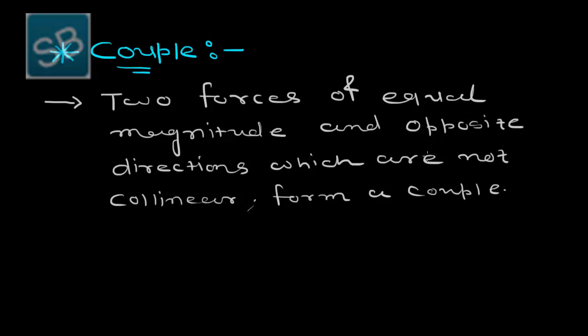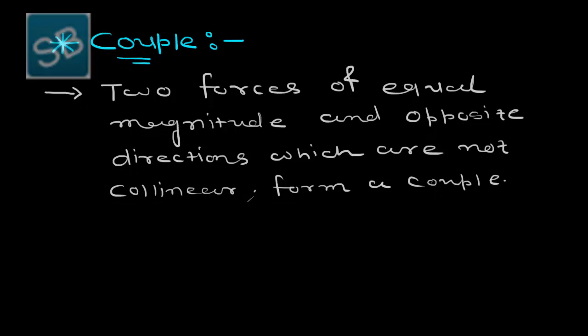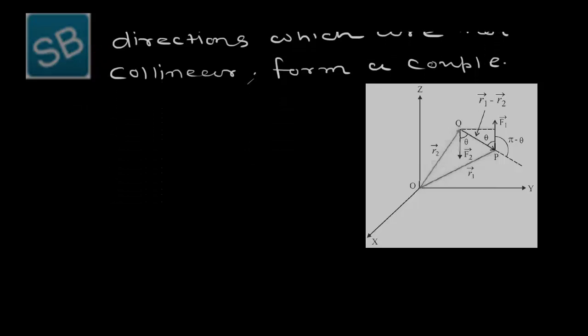And if you want to analyze how a couple looks, then I am giving you the figure. So in this figure, as you are clearly watching, at point P or on the particle P, the force F1 is acting, and on the particle Q, the force F2 is working. So here first of all, you have to find out the position vectors.